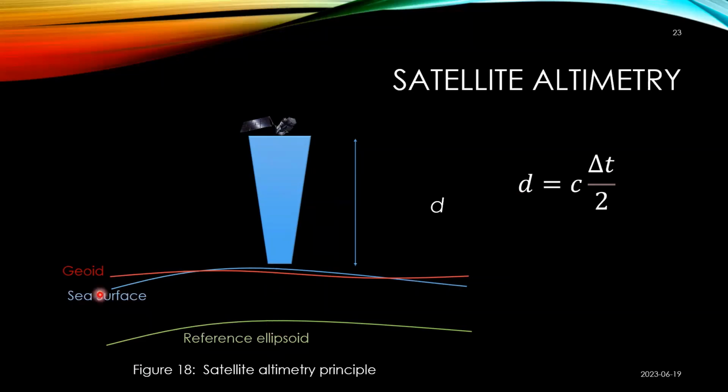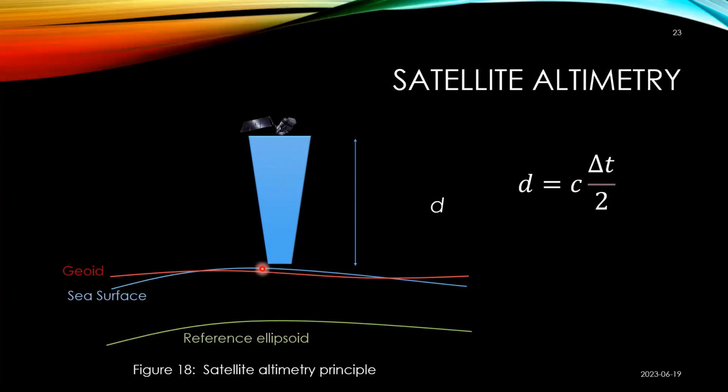However, we know that this sea surface does not actually coincide with the geoid. They have a small difference, which is called dynamic ocean topography. This is important because it will show in which direction the water moves. So we can determine the movement of the water over the ocean if we have a precise geoid model from another source, for example satellite gravimetry, and we measure the sea surface heights.